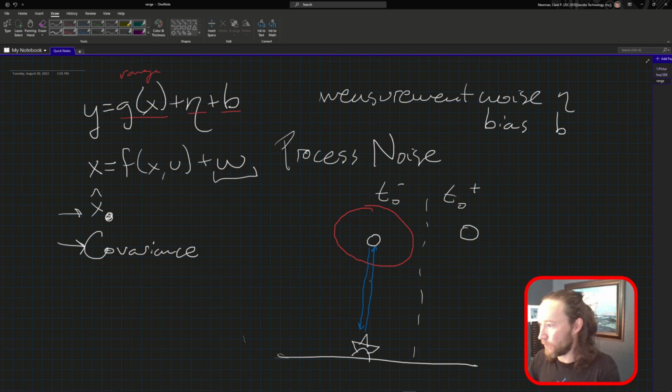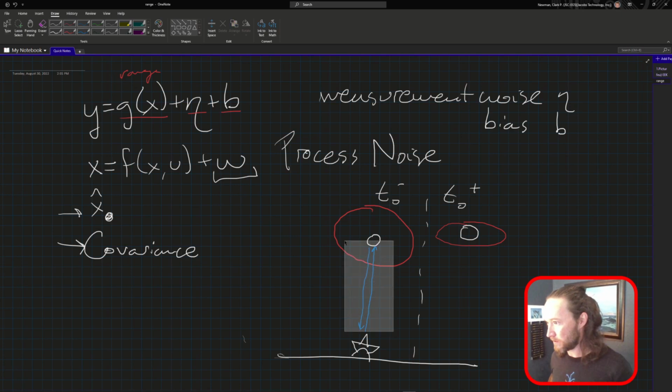Because we took a measurement in this direction, we have much higher confidence in its position along this direction. But because we have no resolution or visibility normal to the range direction, our new covariance is going to look something like this. Let me make that even more pronounced. We removed some of that uncertainty.